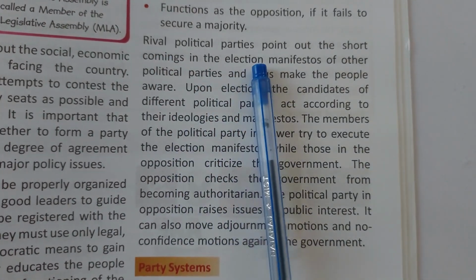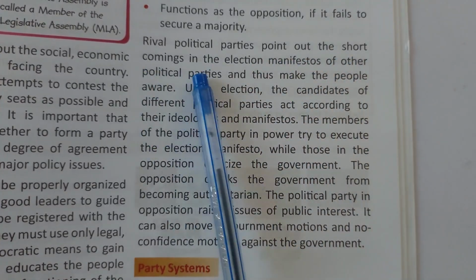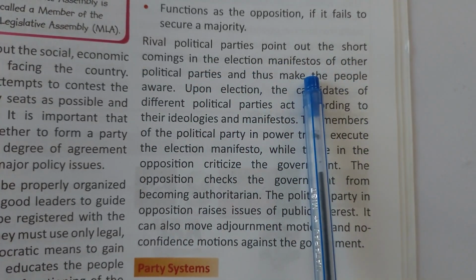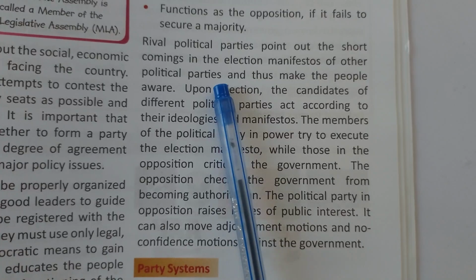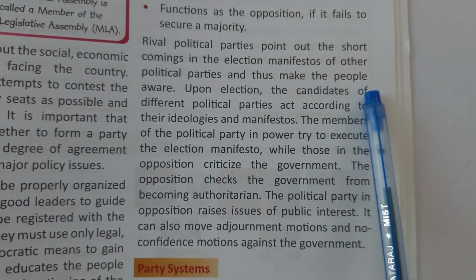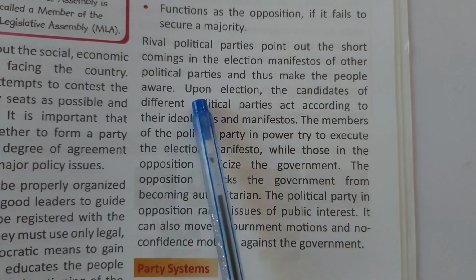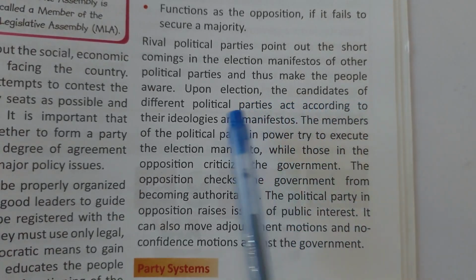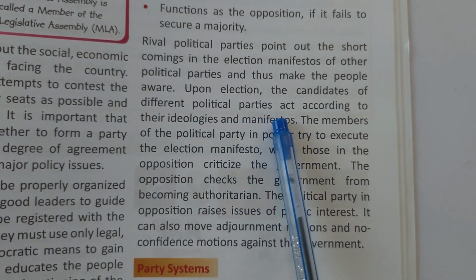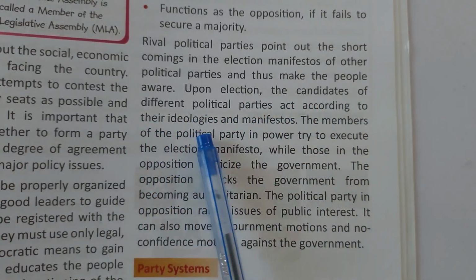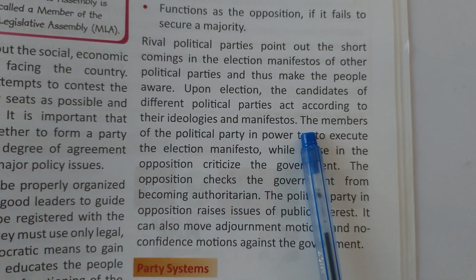Rival political parties point out the shortcomings in the election manifestos of other political parties and thus make the people aware. Upon election, the candidates of different political parties act according to their ideologies and manifestos.